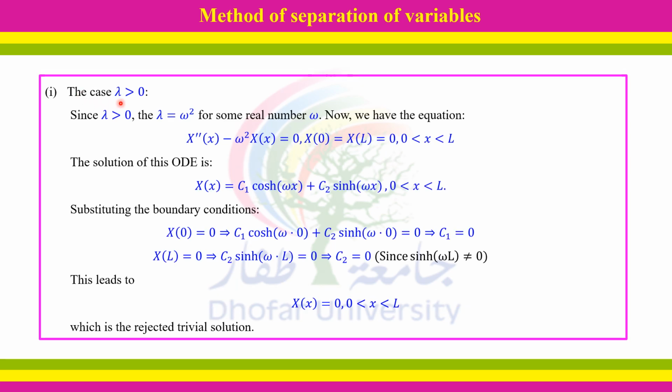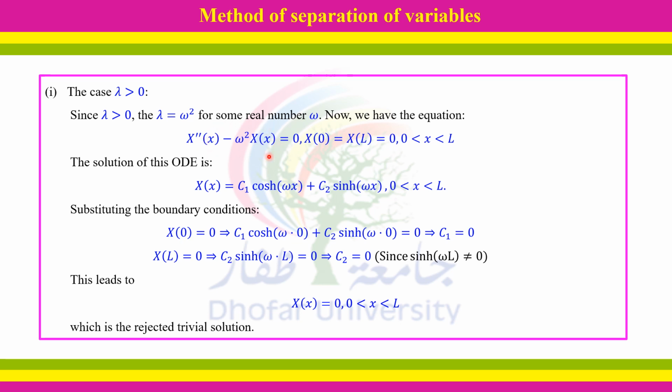The first case is when lambda is positive, and in this case we can write lambda as a square of some number omega. And when we substitute that in the differential equation, we will obtain this boundary value problem, X''(x) - omega^2 X(x) = 0, with the boundary conditions X(0) = X(L) = 0.